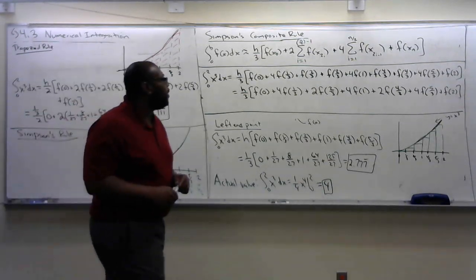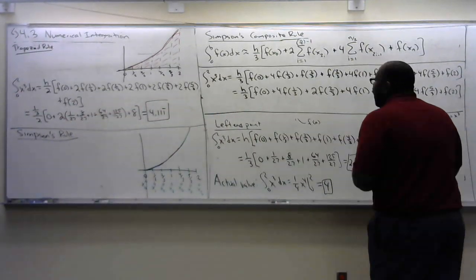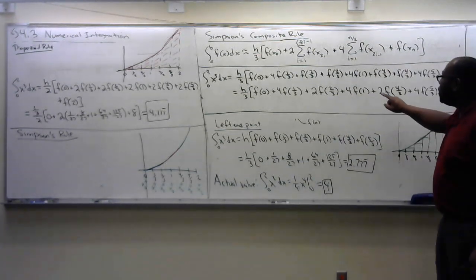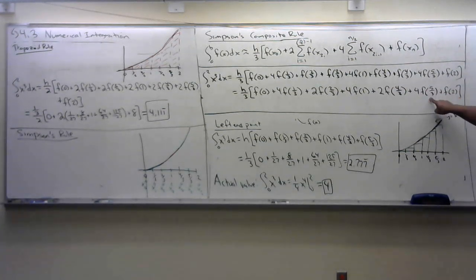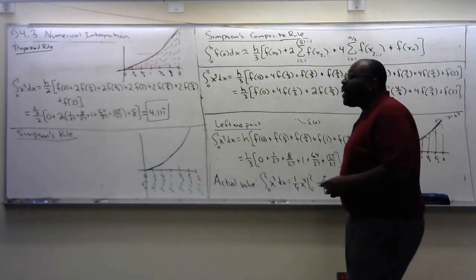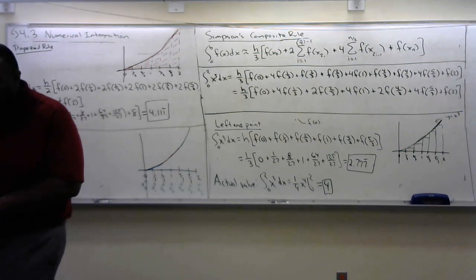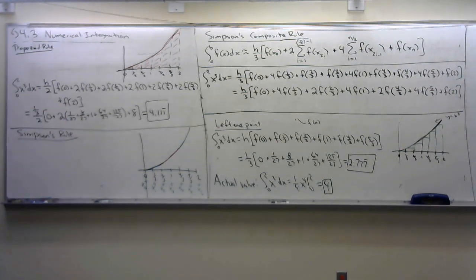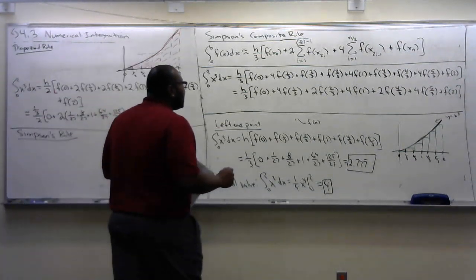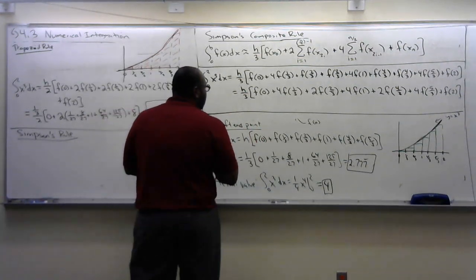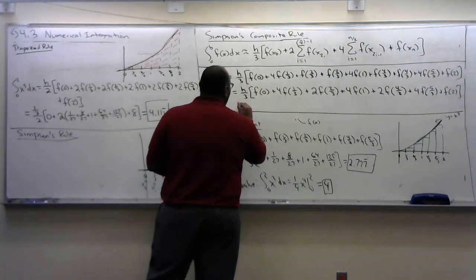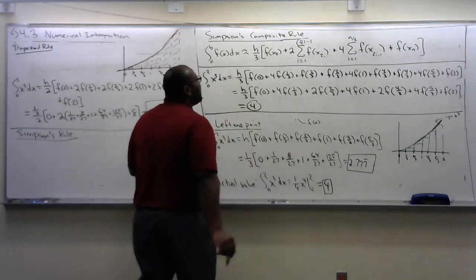And that's what you see here. x1, which is 1/3, x3, which is 1, x5, which is 5/3, those function values are all multiplied by 4. And I'll let you plug those values in. I'll just tell you what the answer is. When you plug this in, you get the answer to be 4.